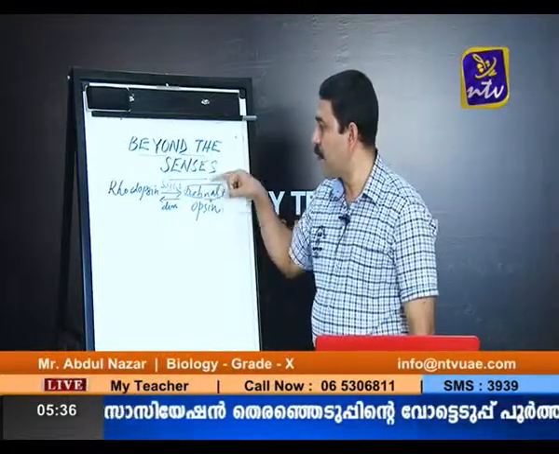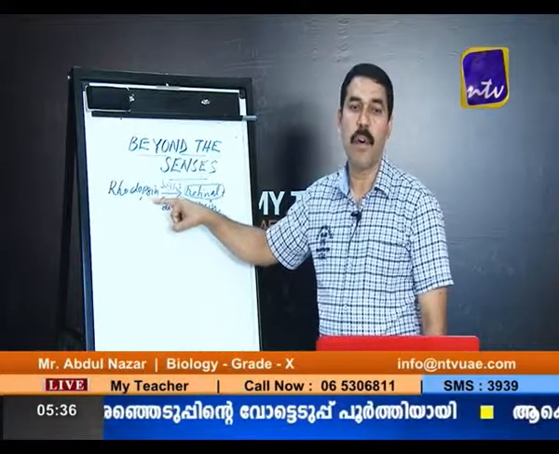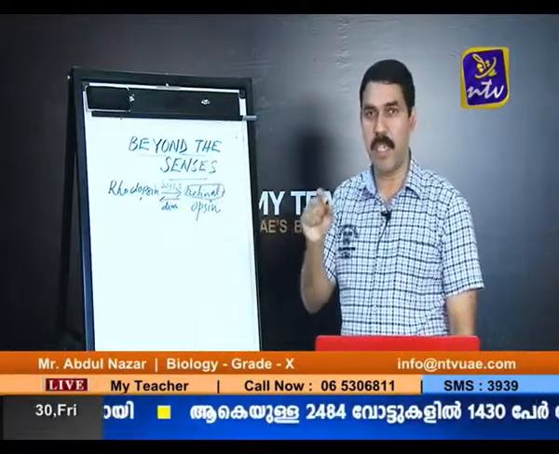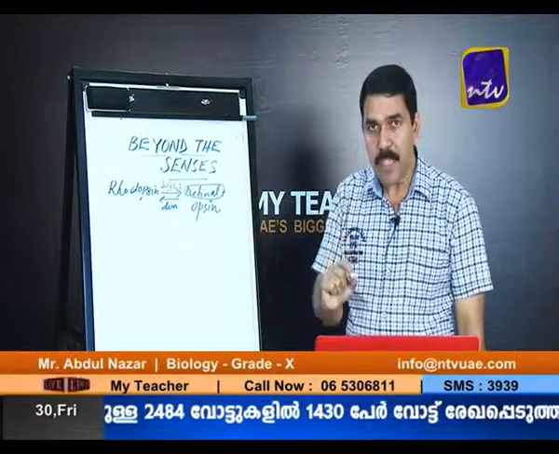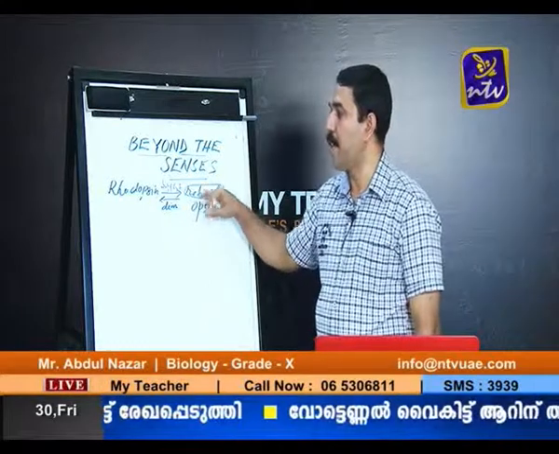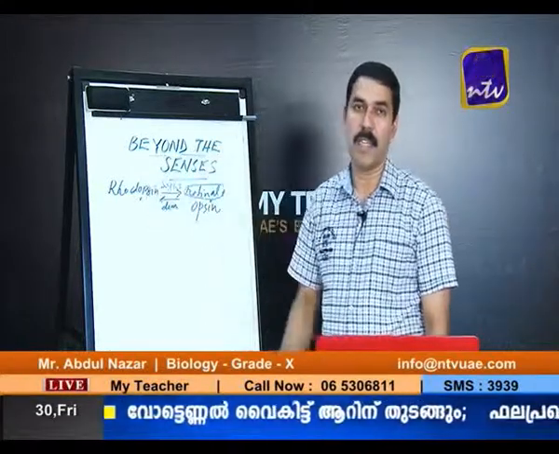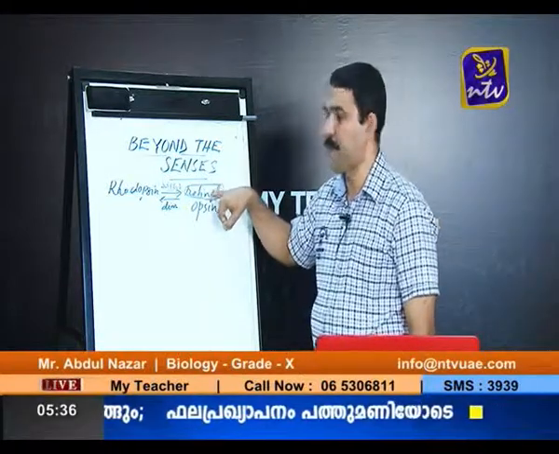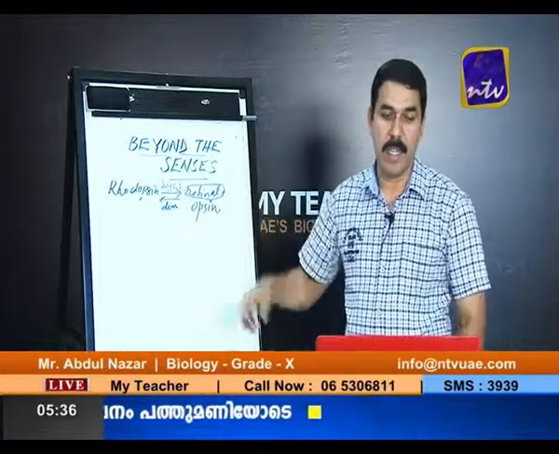Retinal is a part of rhodopsin which is formed from vitamin A. So, if a person's food is deficient in vitamin A, then he will suffer from a condition called night blindness. It is due to the deficiency of a substance called retinal.